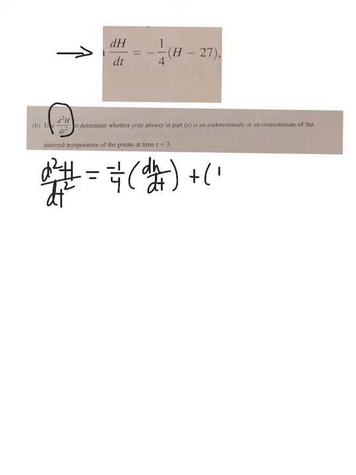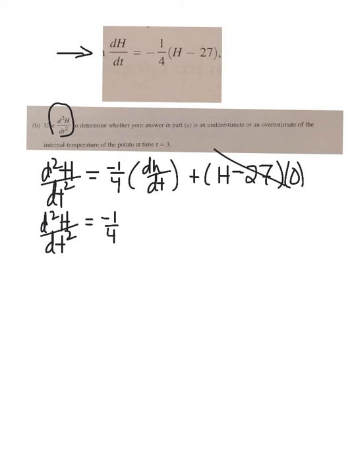Plus the second, which is h minus 27, times the derivative of the first, which is 0. So that's going to disappear. All right, so let's go back and look here. So we have d squared h over dt squared, sorry, equals -1/4.